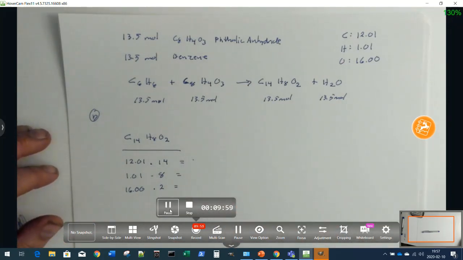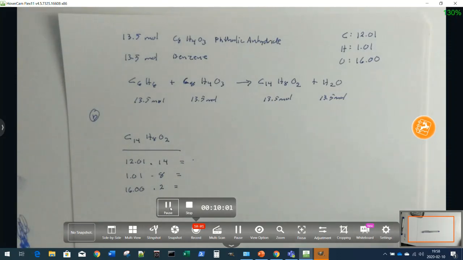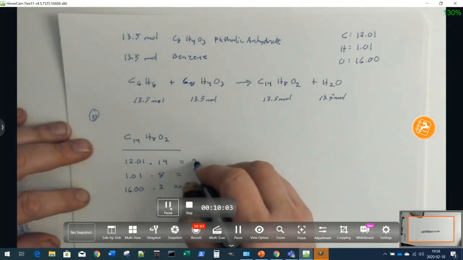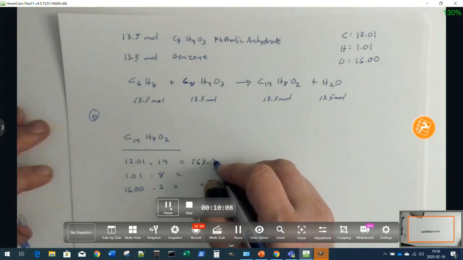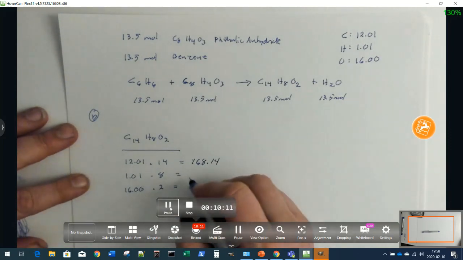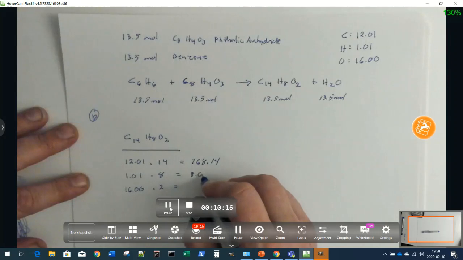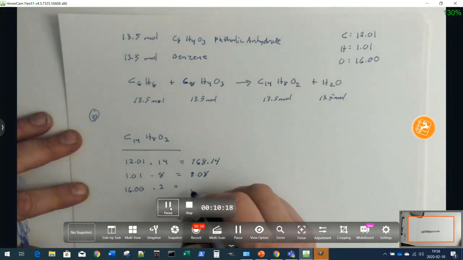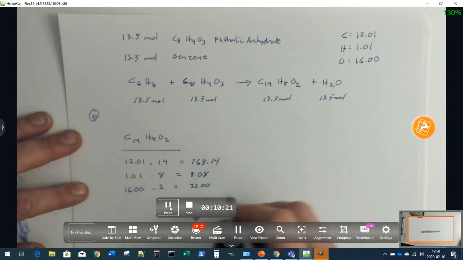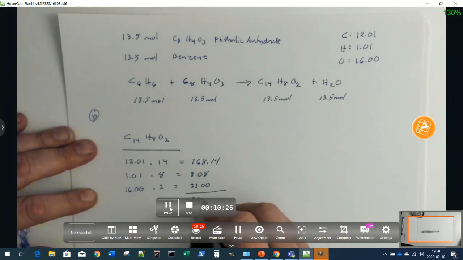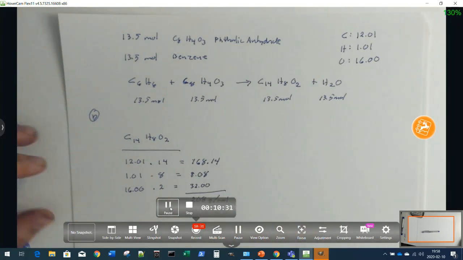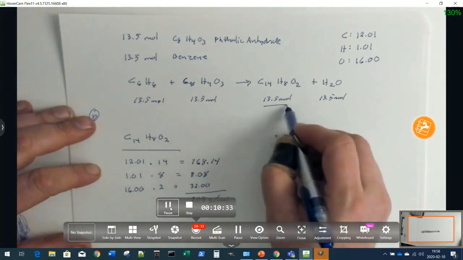That should be our molar mass. So 12.01 times 14 is 168.14. And 8 times 1.01 is 8.08. And 16 times 2 is 32.00. Giving us a grand total of a mass of 208 grams per mole, approximately.